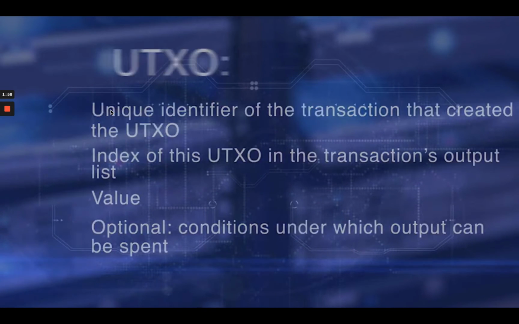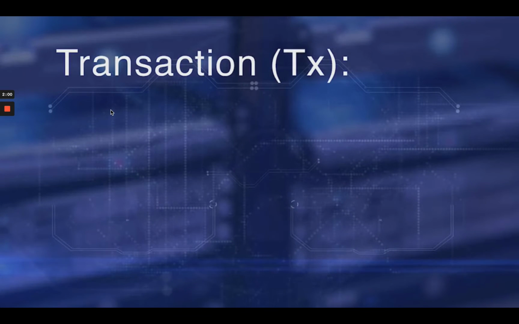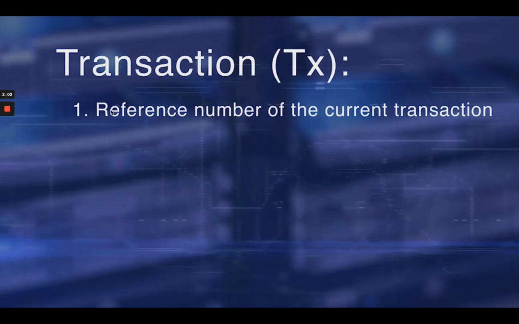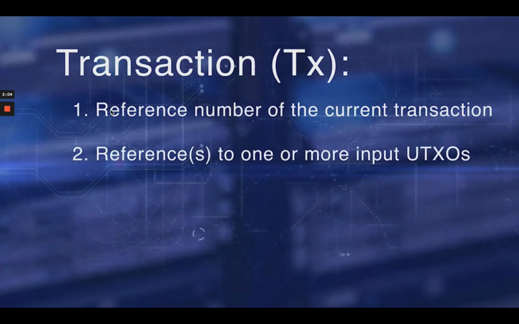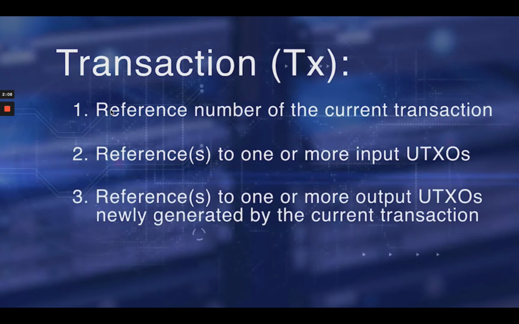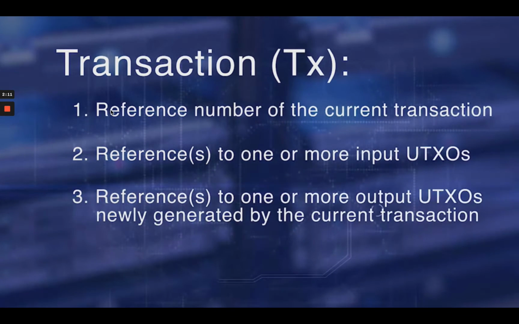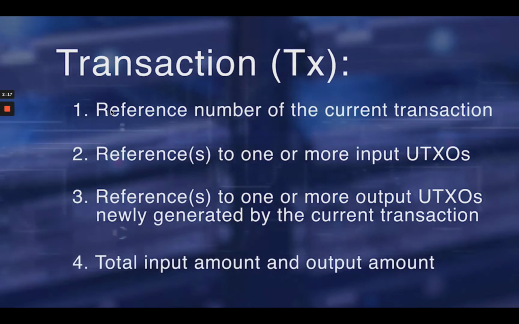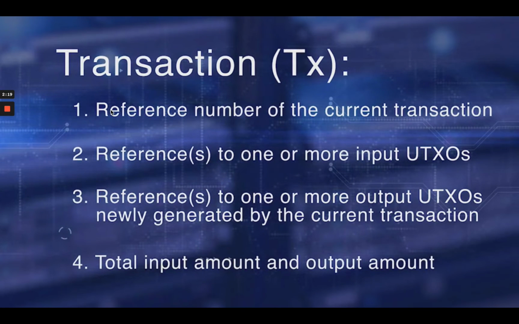The transaction itself includes a reference number of the current transaction, references to one or more input UTXOs, references to one or more output UTXOs newly generated by the current transaction, and the total input amount and output amount.